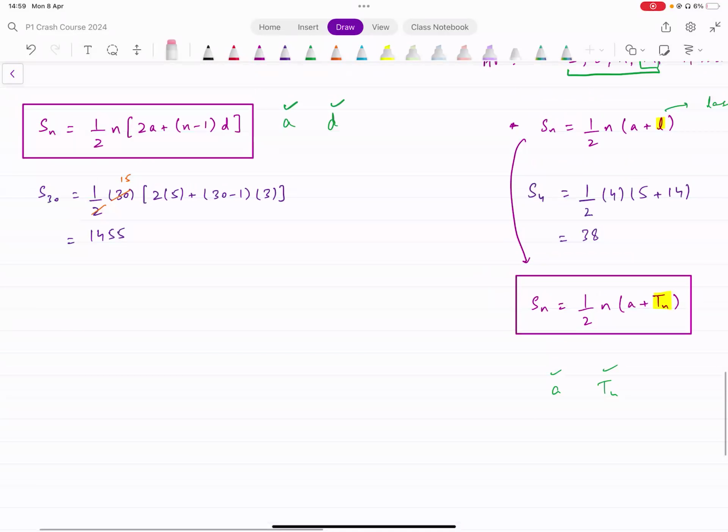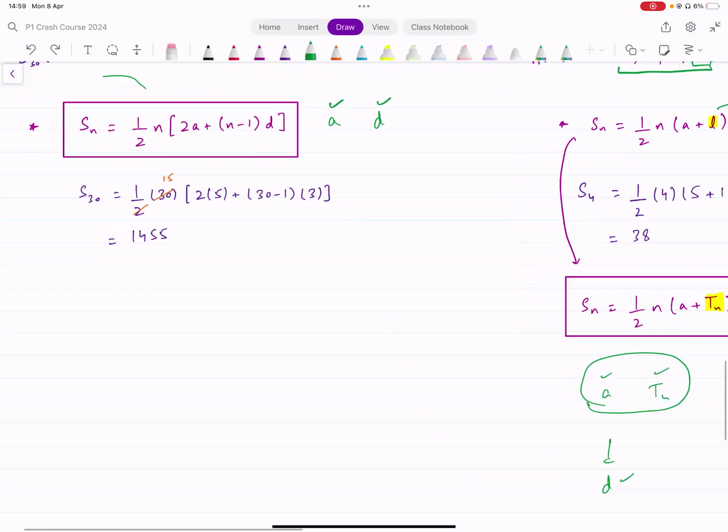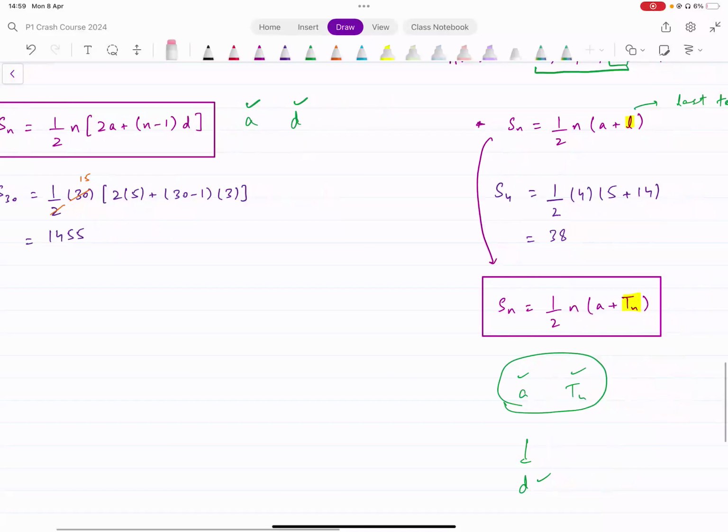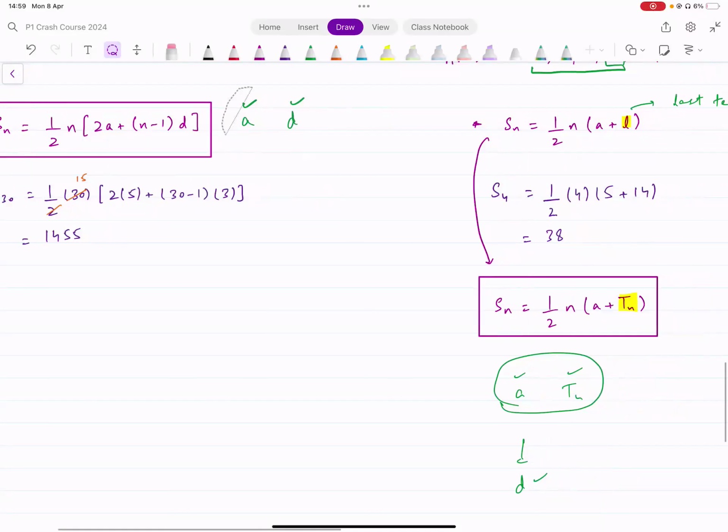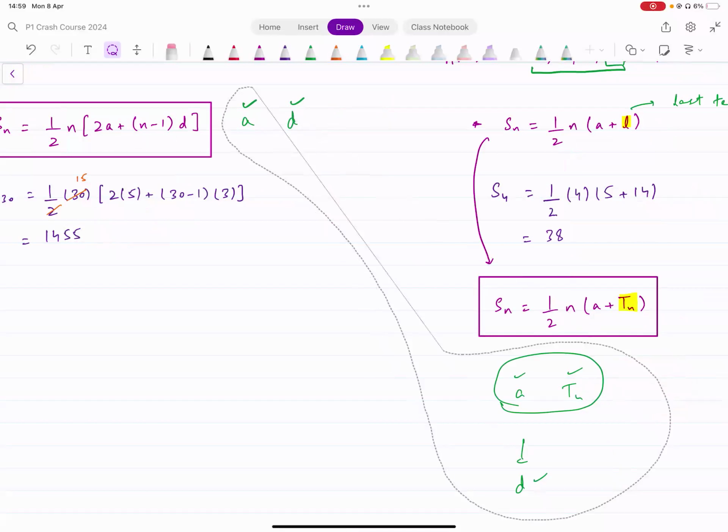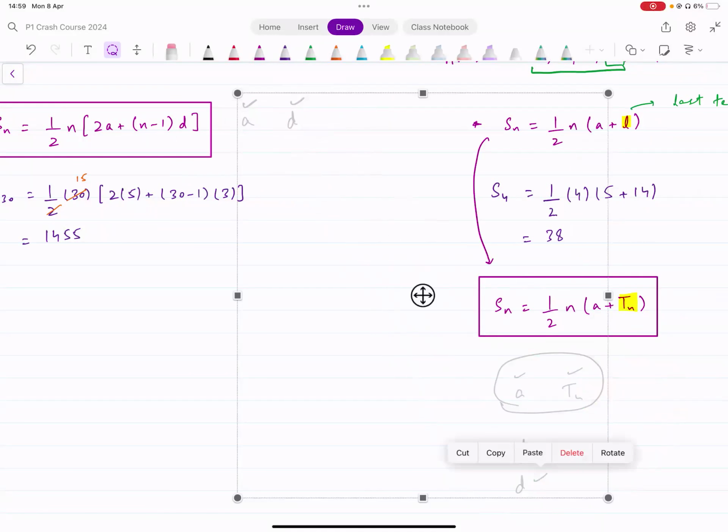Now, in this case as well, if you wanted, you could use these two things to find d first and then use the first formula again. And that's perfectly okay. So the first formula will work for every single case. However, using the second formula is going to be slightly more efficient when you know the last term of the sequence. So you can use both of them.